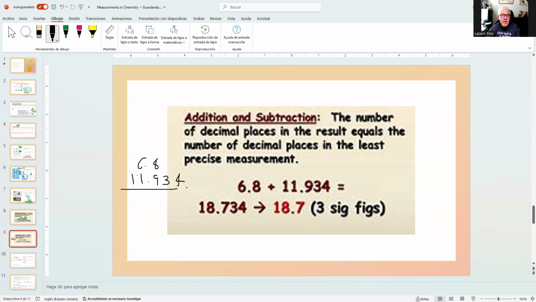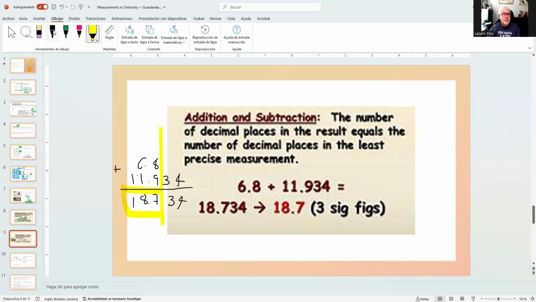According with this, your answer will be 18.734. Well, the practical rule in this case is to make a line by the number with least decimals. And then your answer will be this.